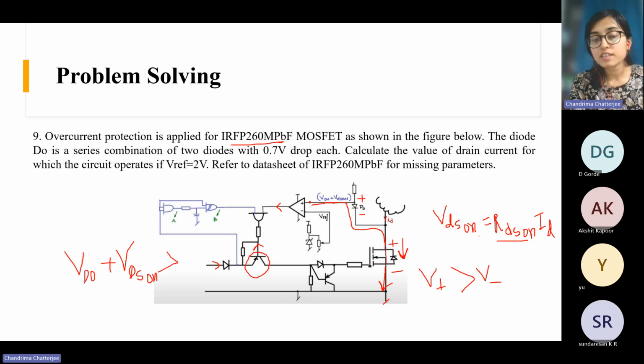When this is greater than VREF, then your comparator becomes high. Okay. So this is also called a desat protection, desaturation protection. Okay. This protection we implement for MOSFETs. Okay. And this circuit is there. You can see the explanation in more detail in the lecture.